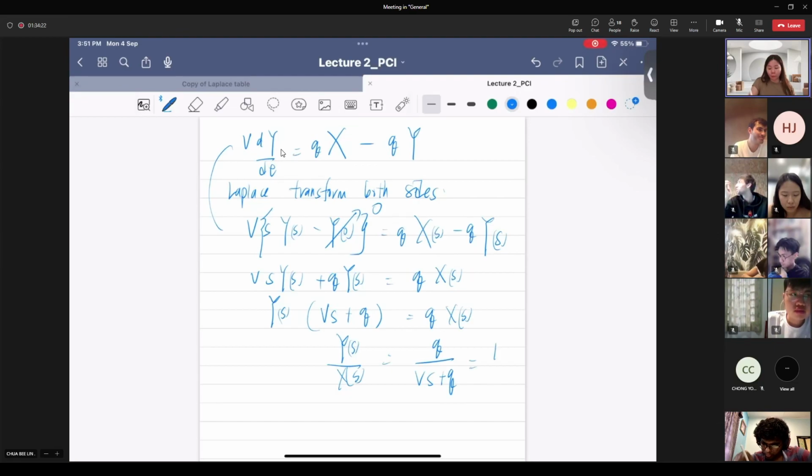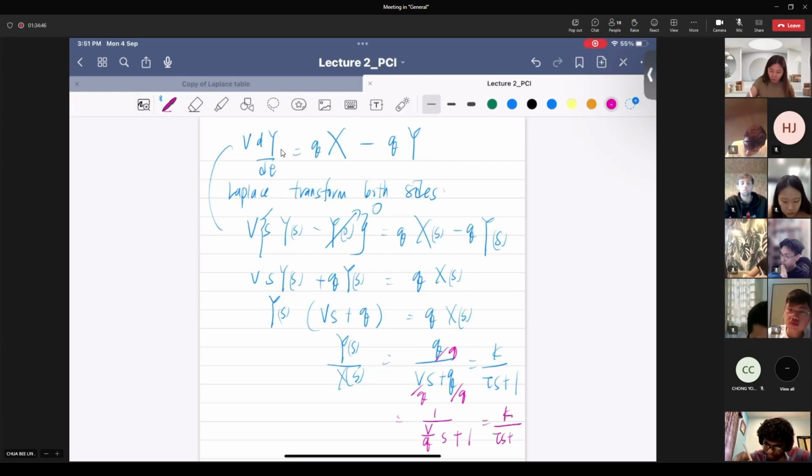And you compare with the first order transfer function, you will divide the whole thing by Q. So you'll be having 1 over ((V over Q)s plus 1), where this is your K, this is your tau. So K is 1, tau is V over Q. So we have derived the second example, which is the mixing process involving the concentration and the volumetric flow rate.